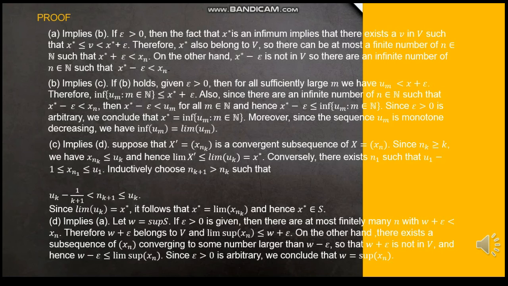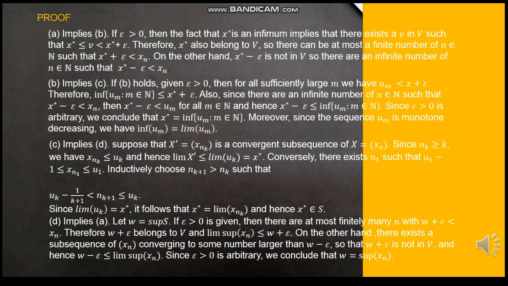Since epsilon greater than 0 is arbitrary, we conclude that x star equals the infimum where m element natural numbers. Moreover, since the sequence is monotone decreasing, we have that the infimum equals the limit.